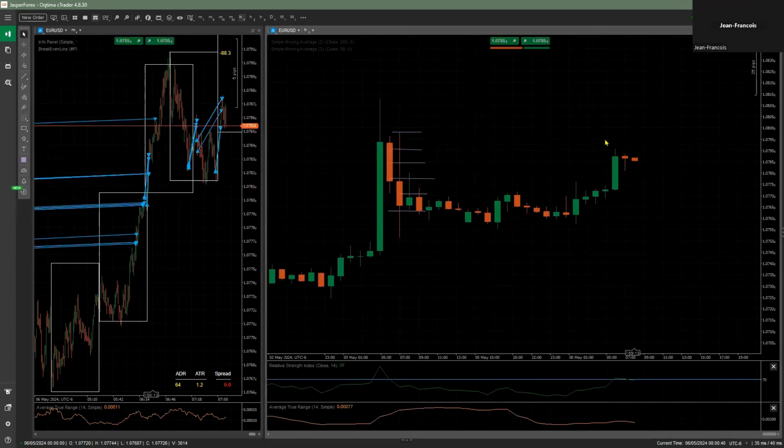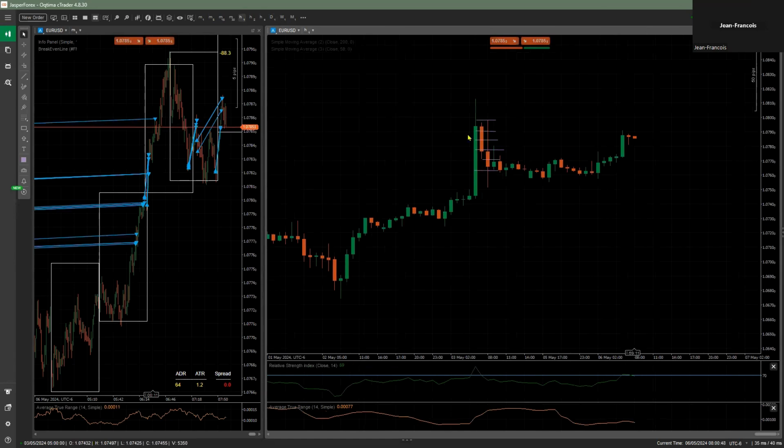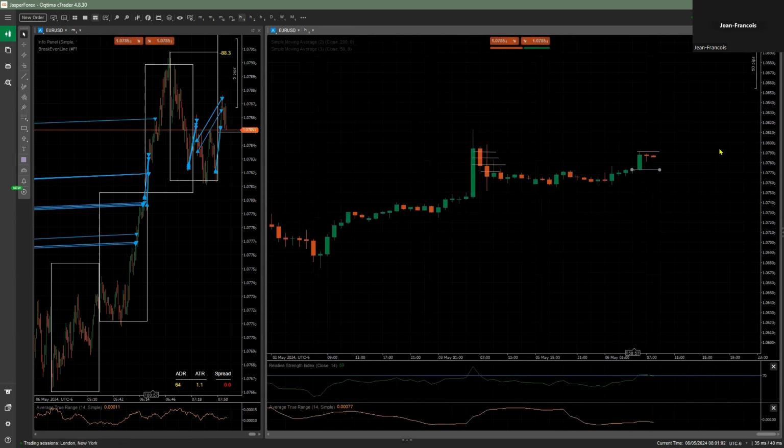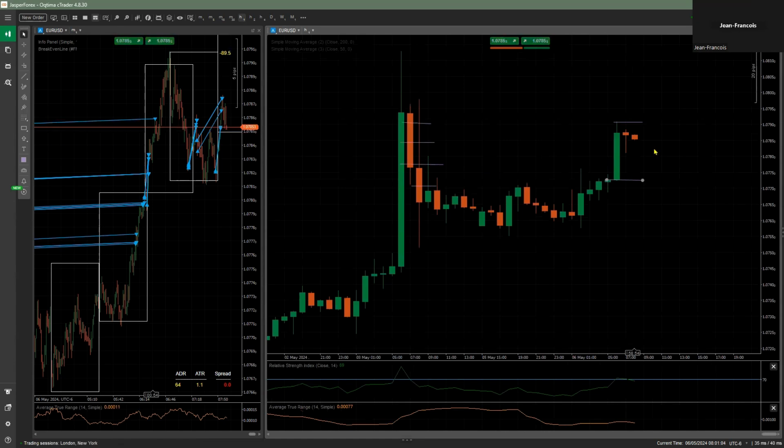On an hourly scale, this is where we were last time we were together. Let's find our ceiling. Let's find our floor on an hourly chart. So clearly we have a defined risk. We have our ceiling, we have our floor.